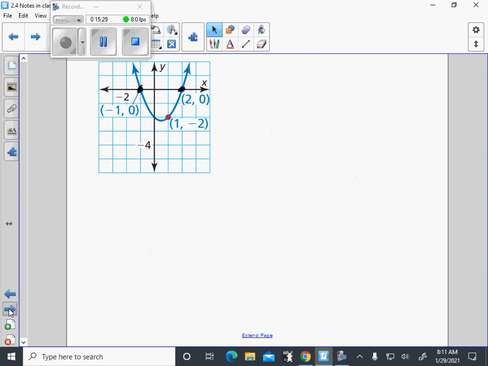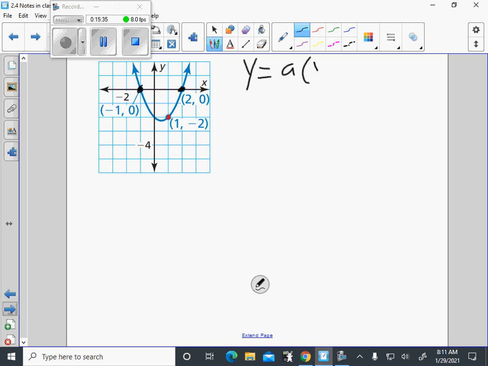Okay, let's try one more. Let's try this final example. Okay, remember our equation. Y equals a times x minus p times x minus q. Alright, we know our x-coordinates. Our x-coordinates are negative 1, 0, so we can say y equals a times, that's negative 1, so x plus 1.